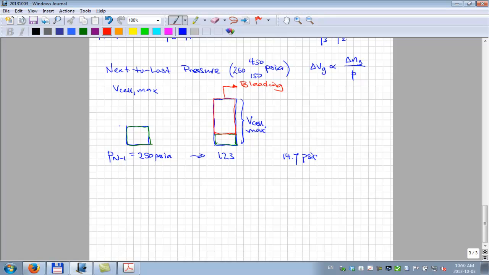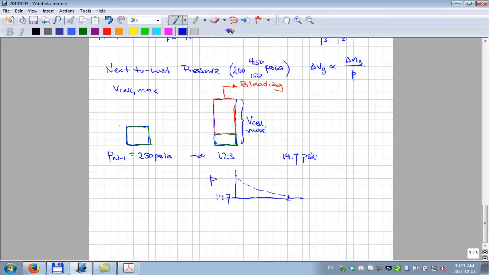It's kind of like buying a Coke bottle and taking off the lid, and it takes some time before all the CO2 comes out of solution. It's a little bit the same thing here. It's not exactly an equilibrium process. So there'll be a time versus pressure behavior, and it'll go down towards here. So finally it reaches our 14.7 number.